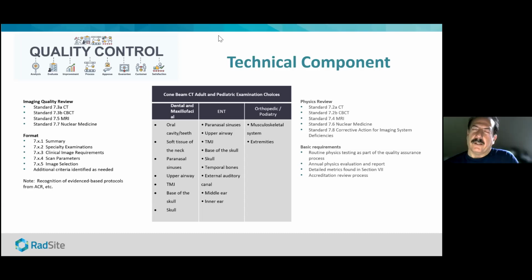Sure. So one thing that's really unique and really important from the perspective of RadSite is making sure that we're not just looking at things from the physics perspective, but we're looking for things from the clinical perspective. So, the question is, are the images that are obtained something that a dentist with expertise in cone beam CT imaging would feel comfortable doing an interpretation on?